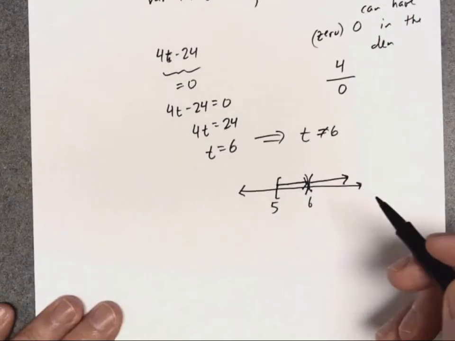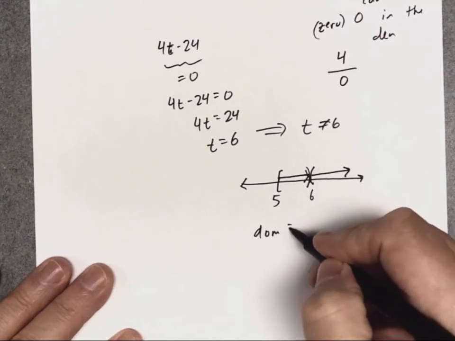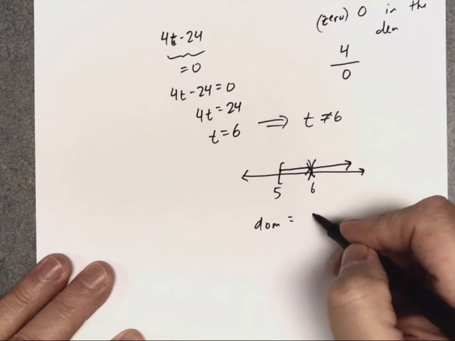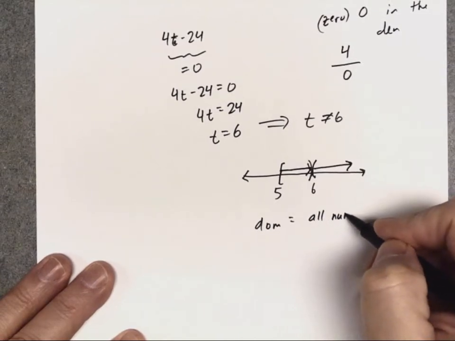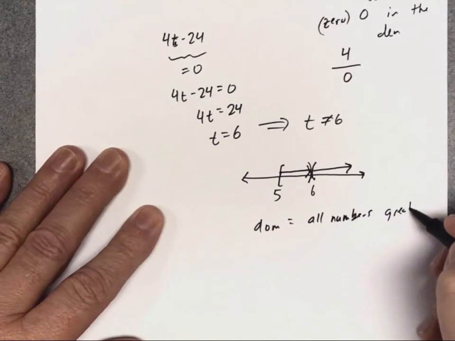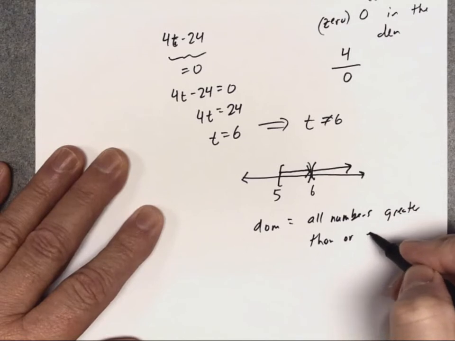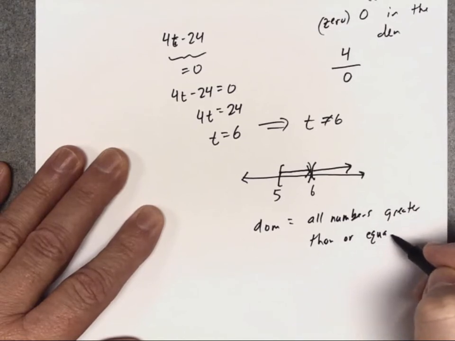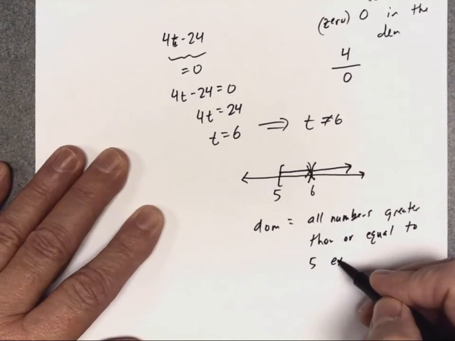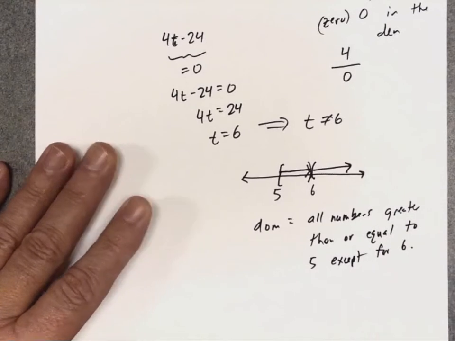So what this is really saying is, the domain equals, I'll put it in words, all numbers greater than or equal to 5 except for 6.